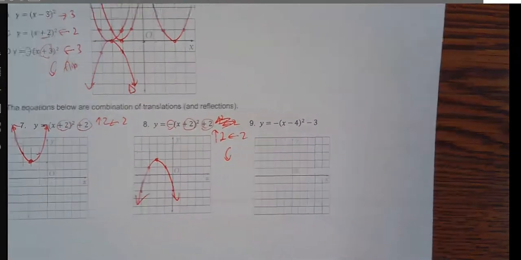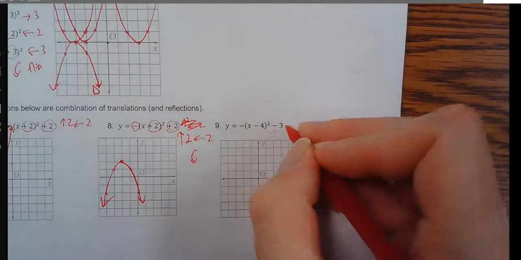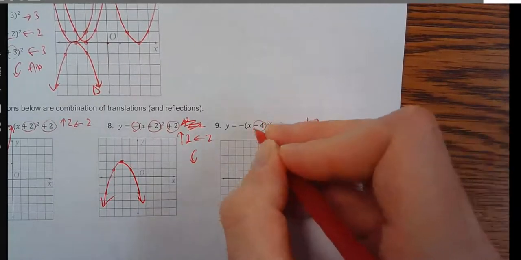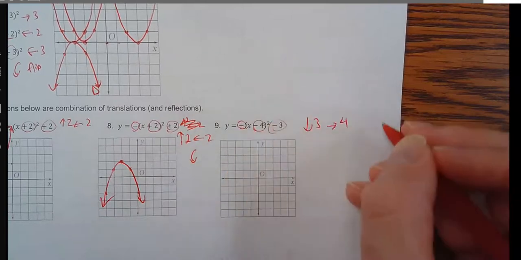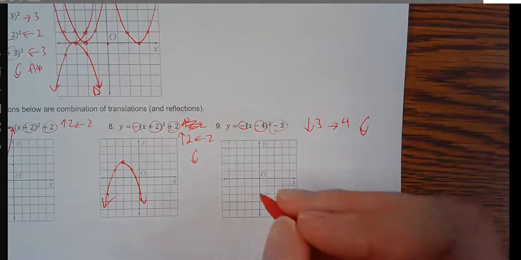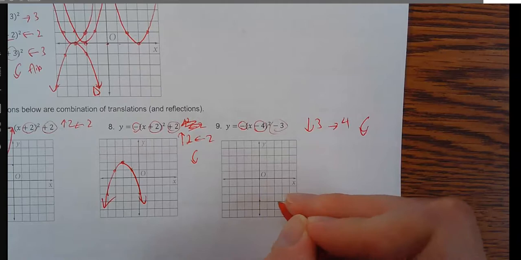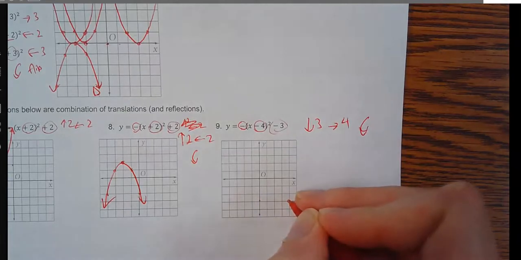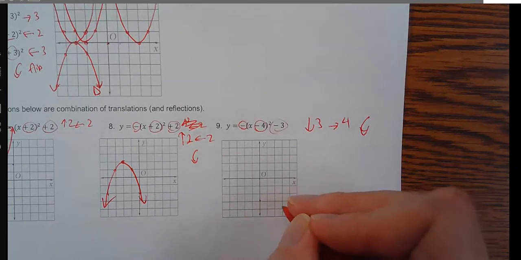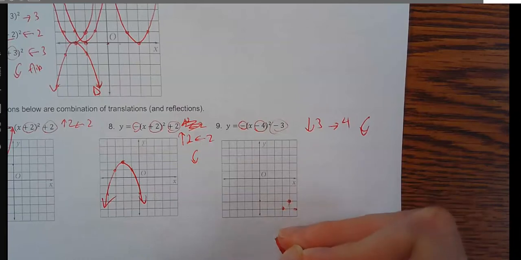It'll look something like that. And my last one here is a down 3, a right 4, and then a flip. So we have to flip it over. I'm going to go down 3, right 4, right here, and now instead of going up and to the right, I'm going to go down. It's going to open down. Something like this.